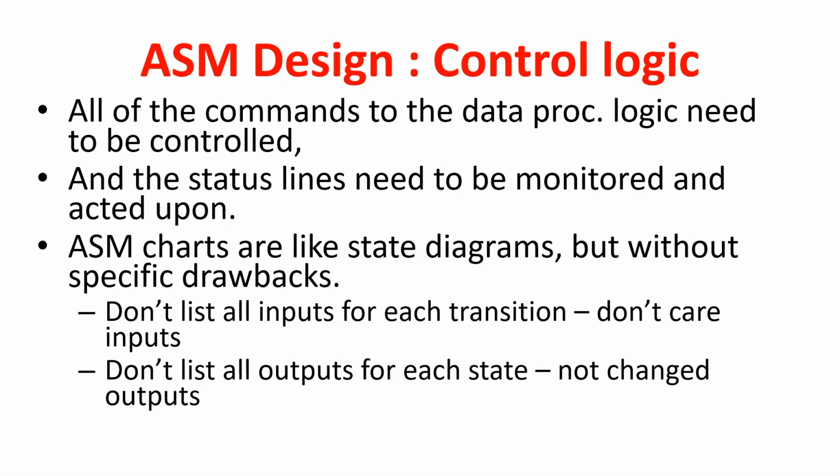ASM charts are like state diagrams, but without specific drawbacks. In the FSM case, we list all the inputs for each transition. FSM correctness and FSM completeness we looked at, but in the ASM case things are a little bit different. We do not list all the inputs for each transition, because for real-life bigger problems we will have many do-not-care inputs, and we do not need to list them. Also, do not list all outputs for each state.